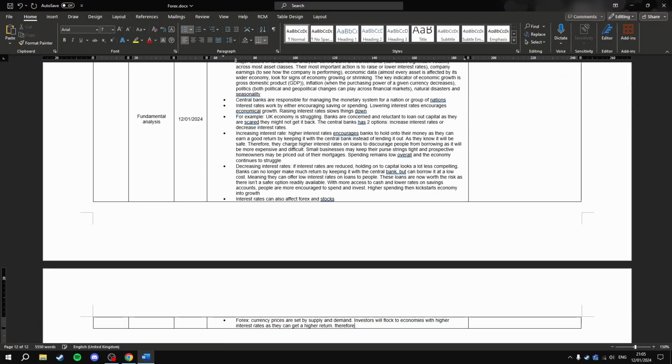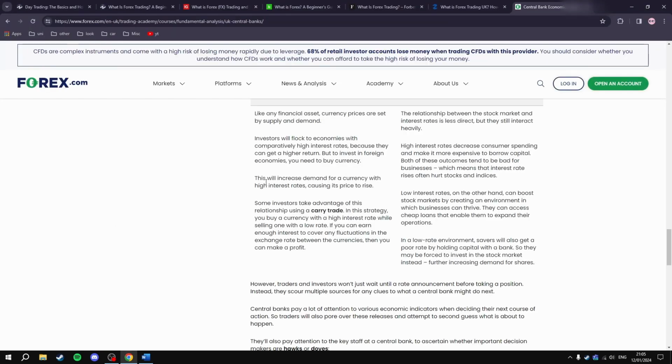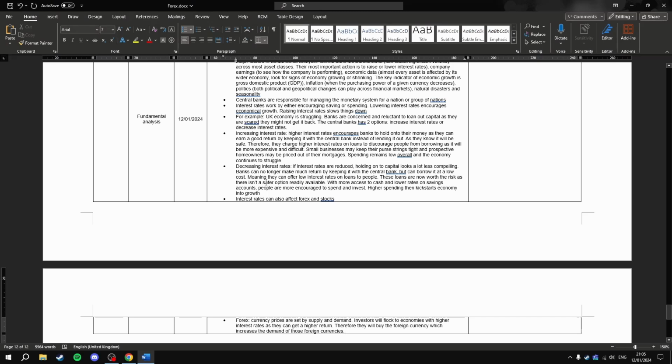Therefore, they will buy the foreign currency, which increases the demand for the currencies, causing its price to rise.